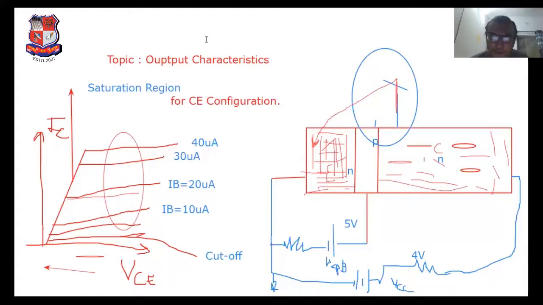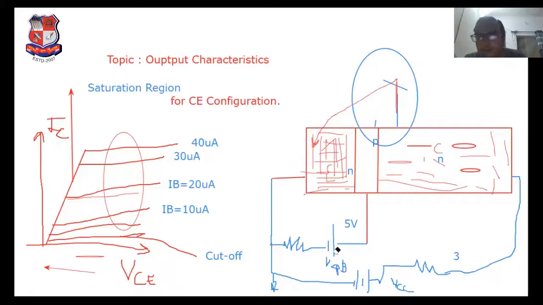Now if you further reduce the voltage from 4 volt to 3 volt, if you apply here 3 volt, then it is also considered forward bias.